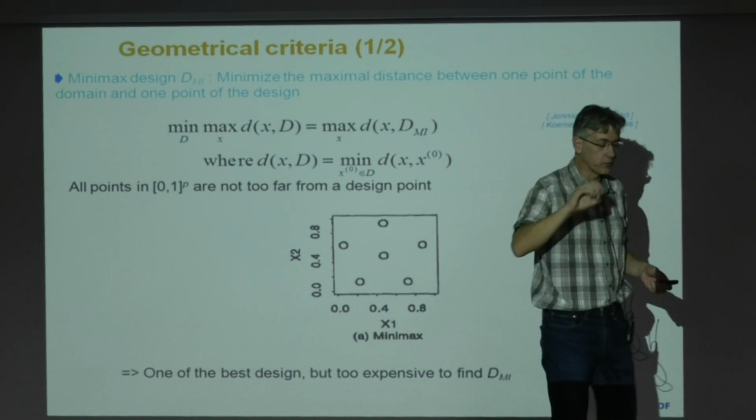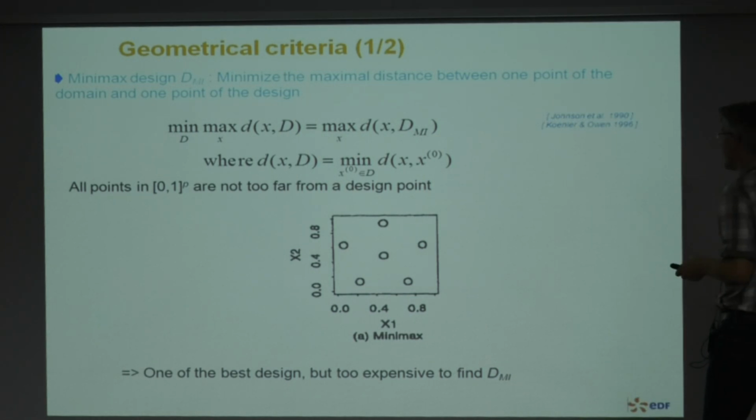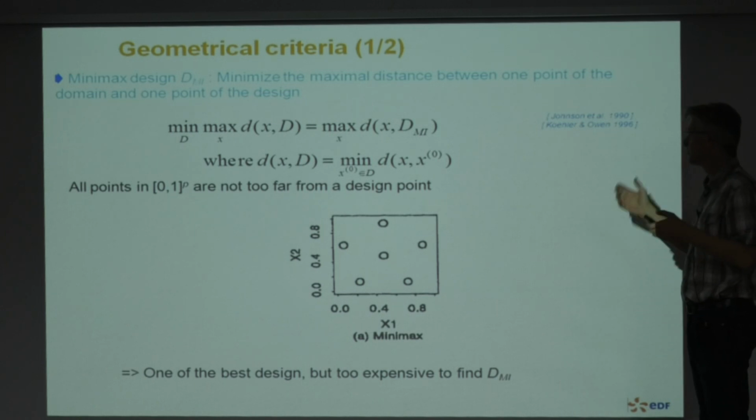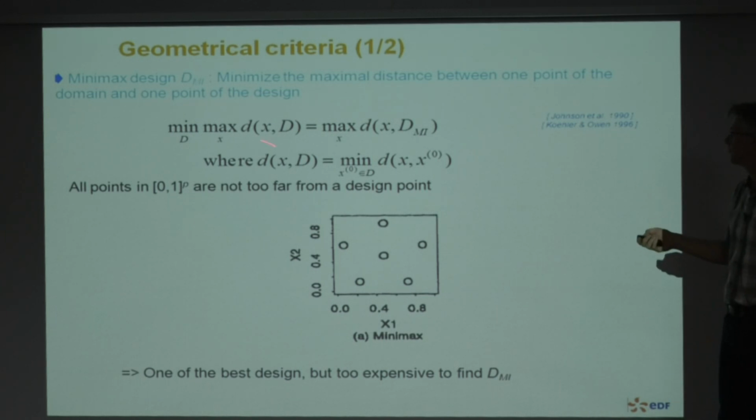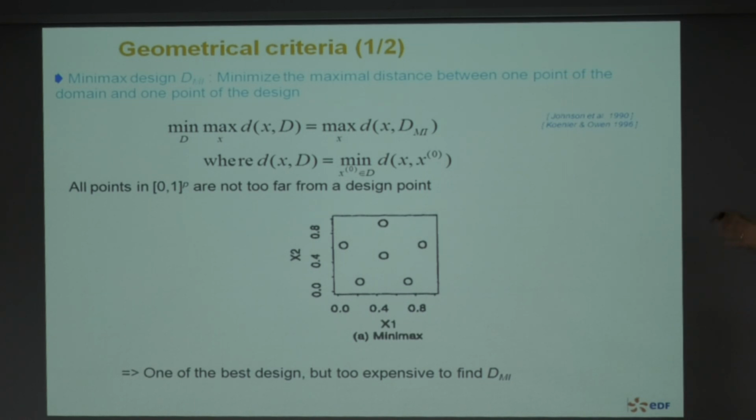And after, you have to test all the points to find its closest point of the design. And after, you have to maximize this, to minimize on the design. So it's an impossible problem. It can work in dimension 2, when you have 2 inputs. But in dimension 3, it becomes very expensive, and after, it's impossible. So too expensive to find.